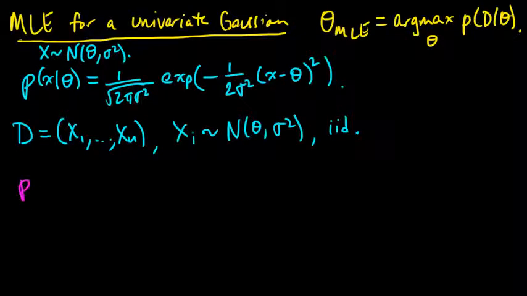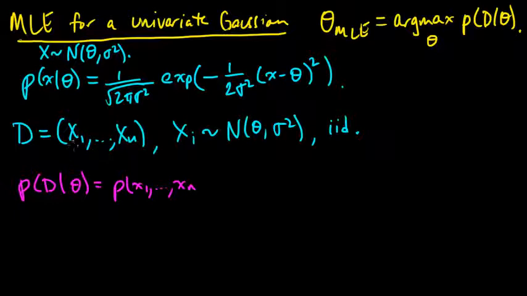So what's the distribution for the data given theta? Let's write that. The probability of D given a particular value of theta is the product, since we're assuming these are independent. If we just rewrite this, it's the probability of getting this sequence of points.